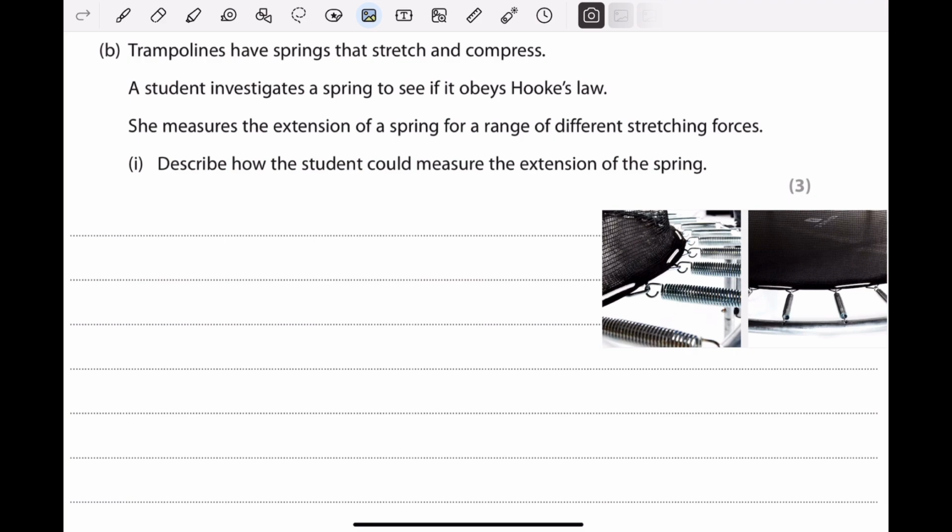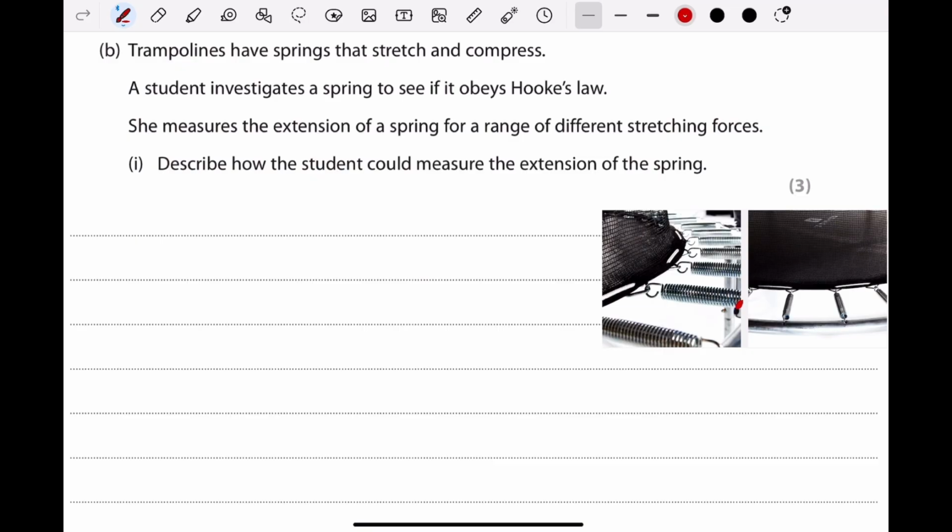First, we try to measure an initial length. And what length exactly? This one is the length of the spring before adding any weights. You might also call this original length or the distance from the bottom of the spring.